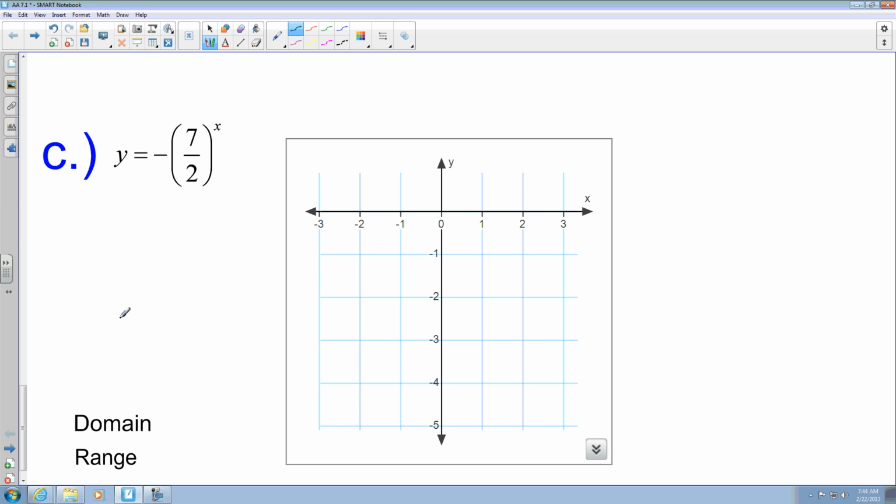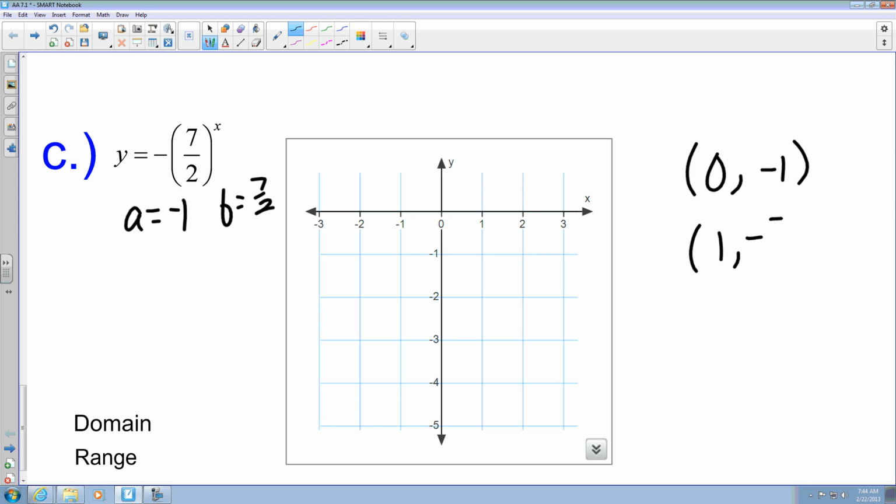Looking at example C, my A in this case is -1 because of that negative value. My B is 7/2. So I'm going to look at 0 comma A, which is -1. My next one is 1 comma whatever A times B is, which would be -7/2.